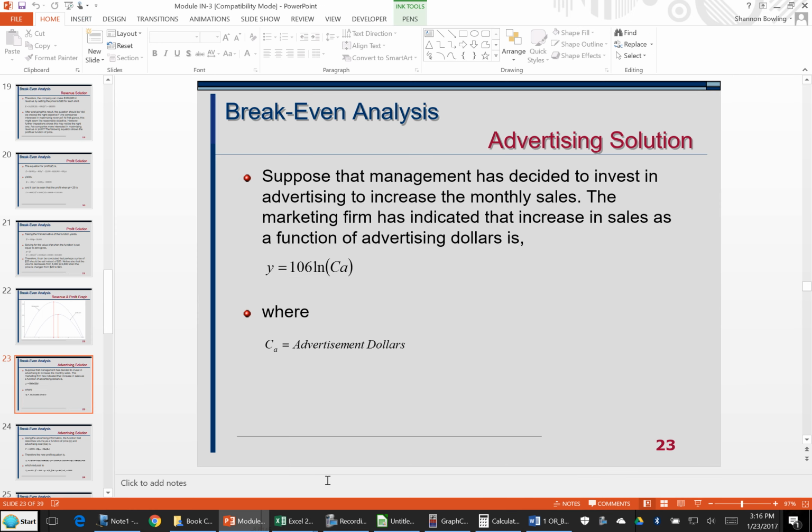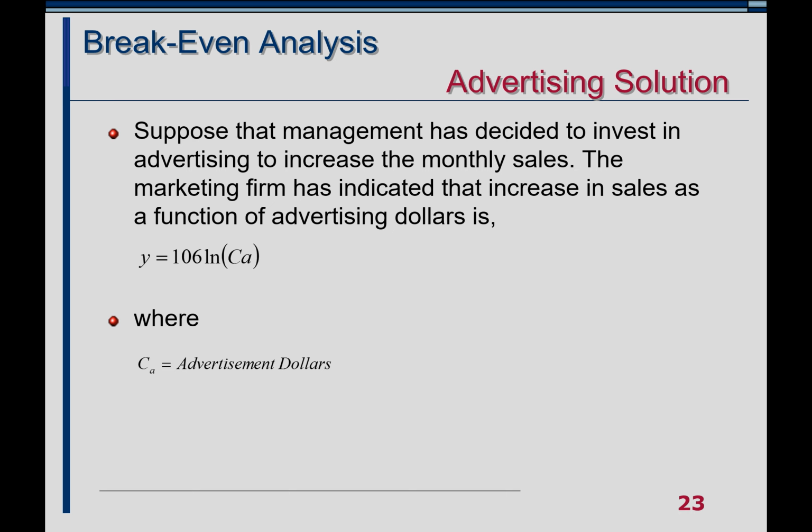Well, a lot of times this has to do with the fact that you have a finite population. So if you have, say, 100,000 people in your marketing area, think about what would be required to get all 100,000 people to buy your product. First of all, it would be nearly impossible.